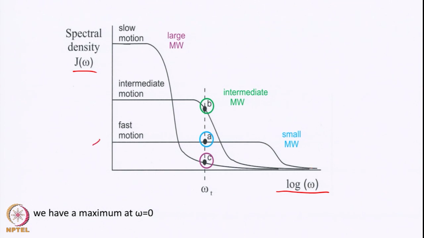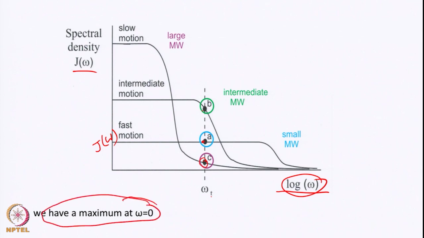The J omega value is less, but it varies over a long omega range. So, one can see for any particular omega, for an intermediate molecular weight you have a value here, and for a small molecule you have a J omega value here, but for a large molecule you have a very short J omega. We have a maximum at omega equal to 0, right.